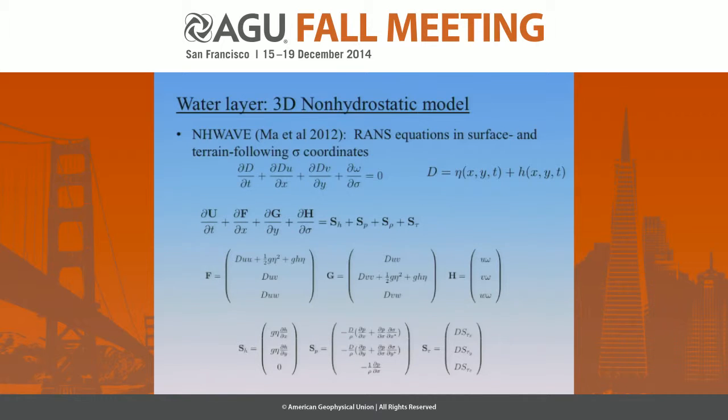And it's that sigma coordinate transformation together with the assumption of single-valued surface and bottom functions that leads to the overall simplification relative to a Navier-Stokes solver, because you don't have to do the really complicated surface reconstructions and things of that nature. The models are all formulated as much as possible in conservative forms, and the solution techniques usually use finite volume TVD schemes with fairly typical Riemann solvers and things of that nature.